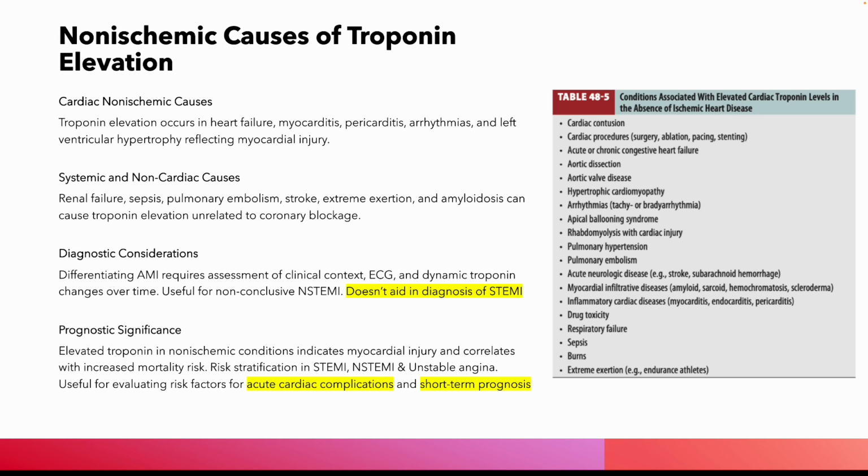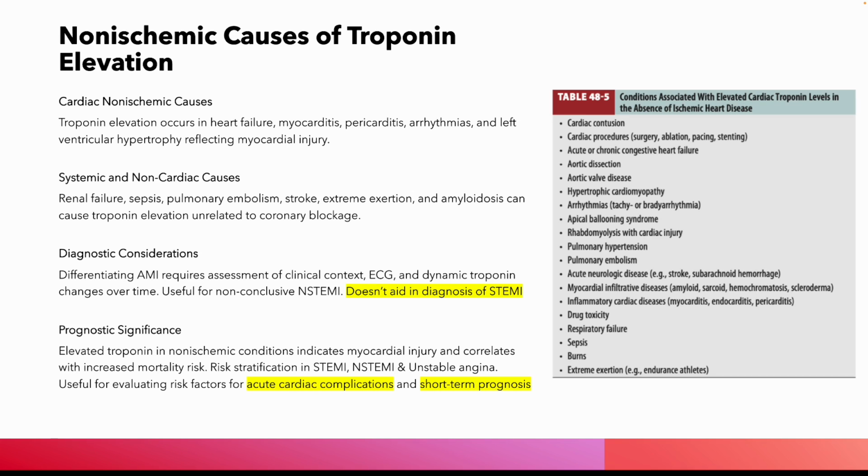As we said, renal failure itself also causes elevations in troponin, as do sepsis, pulmonary embolism, because pulmonary embolism causes strain on the right side of the heart, stroke, extreme exertion, and amyloidosis, which is the accumulation of abnormal proteins in the cardiac muscle, which then cause damage. So these are all elevations not related to coronary blockage.